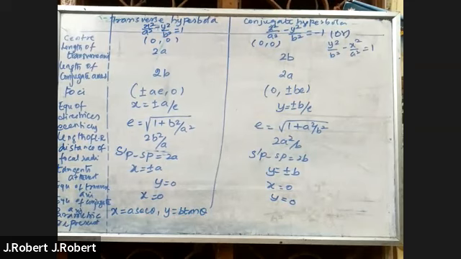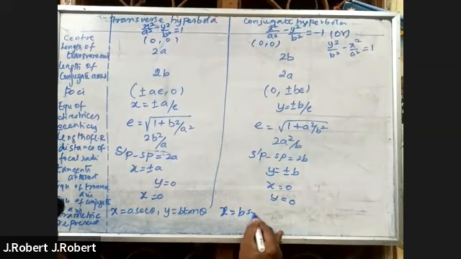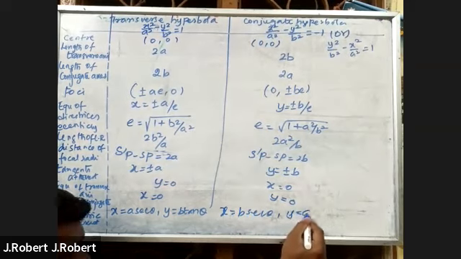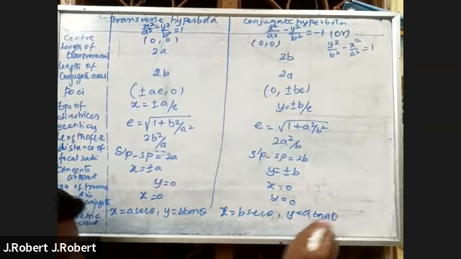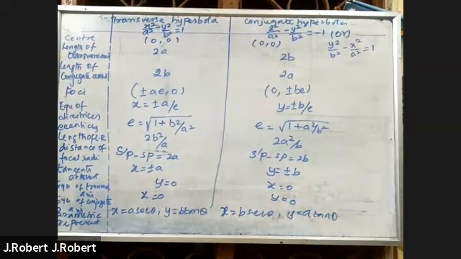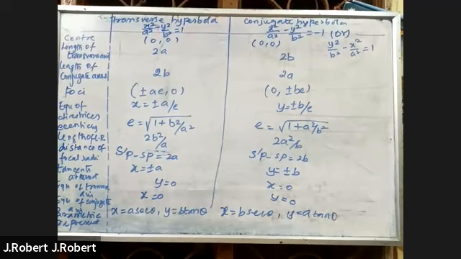Whereas for the conjugate hyperbola, we have x equals b secant theta and y equals a tan theta. Please take down. I want everyone to take notes because this is a very important and useful concept which helps in solving problems.